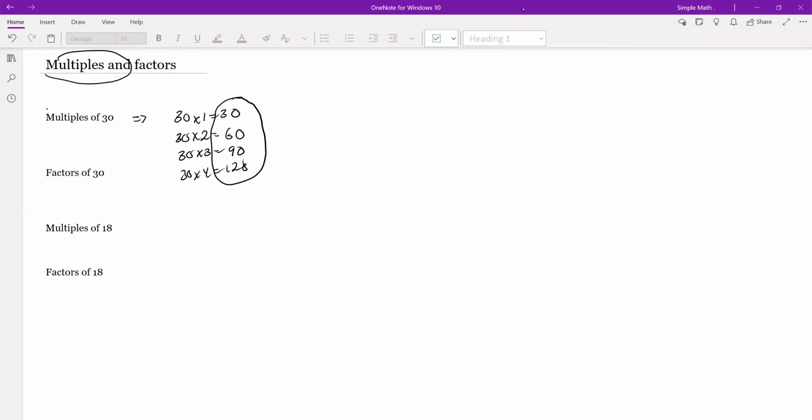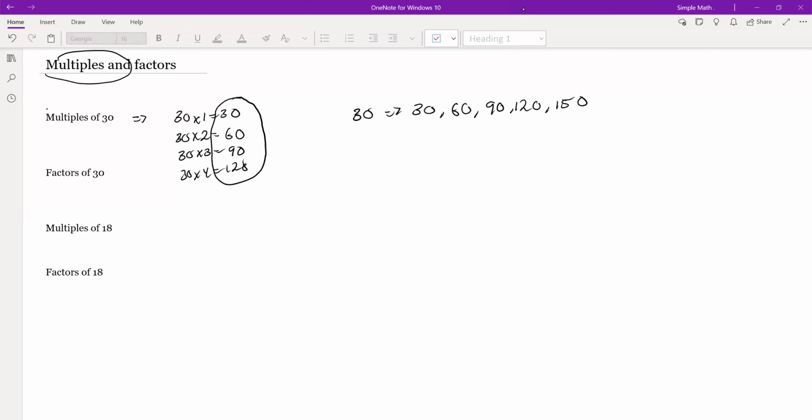Okay, so when you hear the word multiples, you expect that the multiples are going to be bigger than the number itself. So multiples of 30 will start from 30, 60, 90, 120.